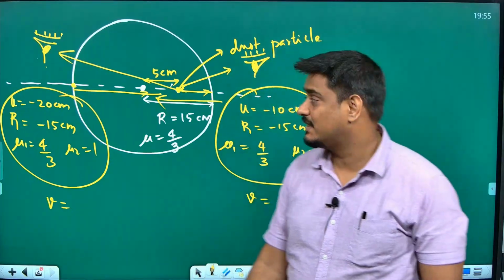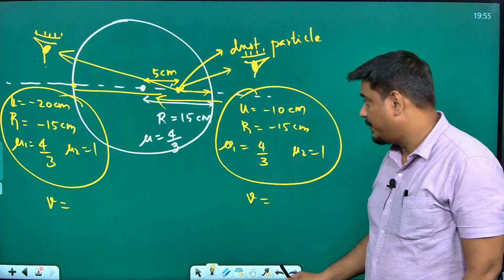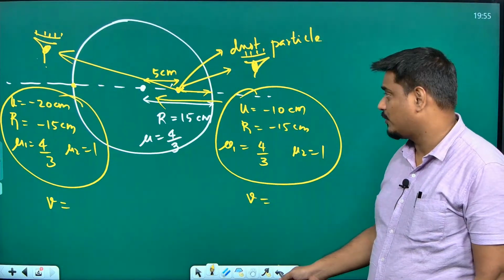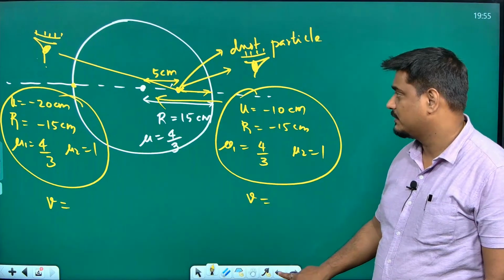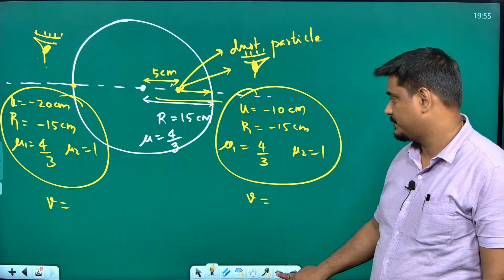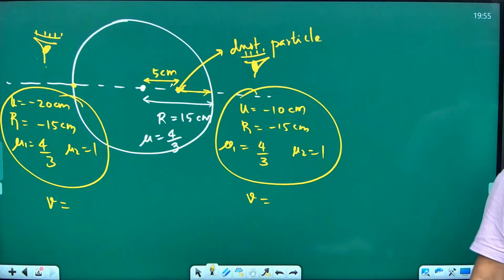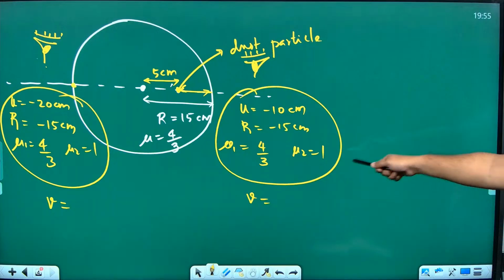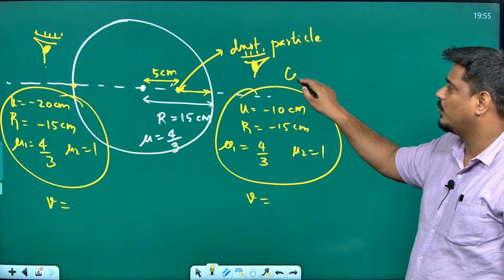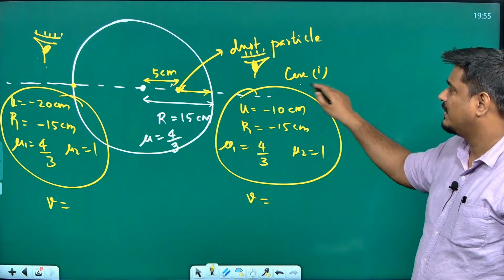So always check the sign convention based upon the direction of the incident ray. Are you getting my point? Anybody has got the answer by these calculations? So we will have two things here: this is case 1 and this is case 2.